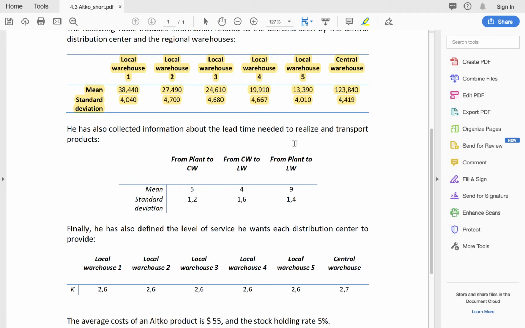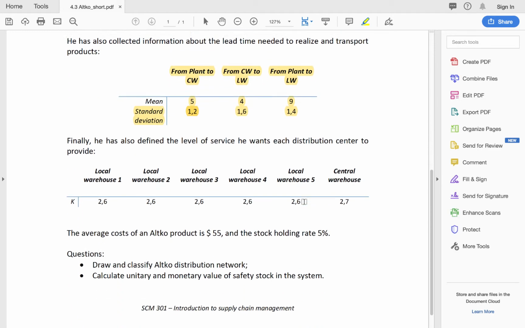He has also collected information about the lead time needed to produce and transport the product. From plant to the central warehouse, we need 5 days with a standard deviation of 1.2 days. From the central warehouse to the local warehouse, we need 4 days and 1.6 days. From plant to local warehouse, we need 9 days plus 1.4 days standard deviation.